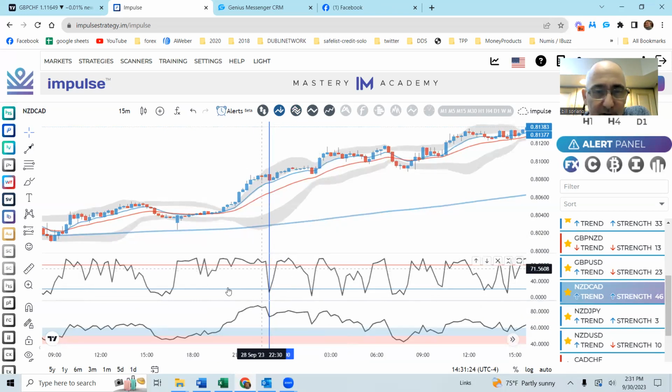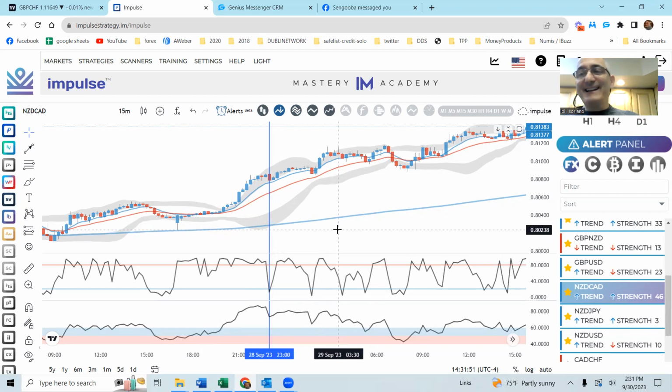Because you see all the way across here, you wouldn't want to take a trade where the stochastic is up at the red line or above. That's a bearish indication because it's overbought. When it's overbought, chances are it's going to drop. When it's oversold, down here at the blue or below, chances are it's going to go up again.